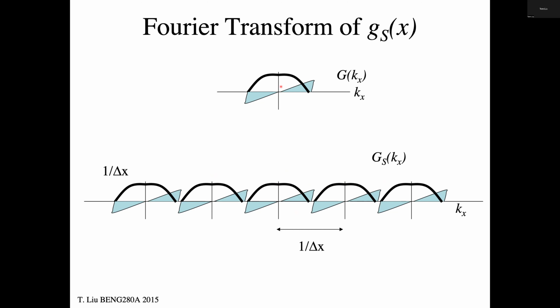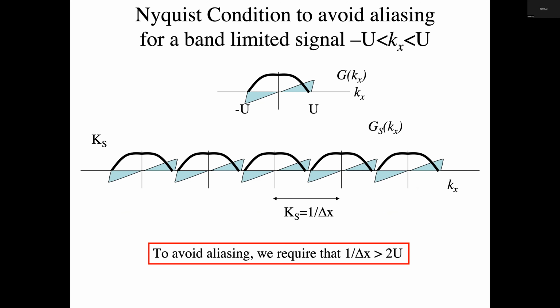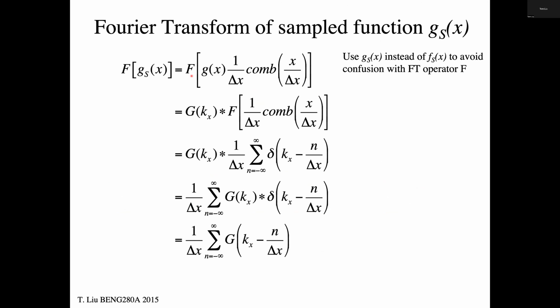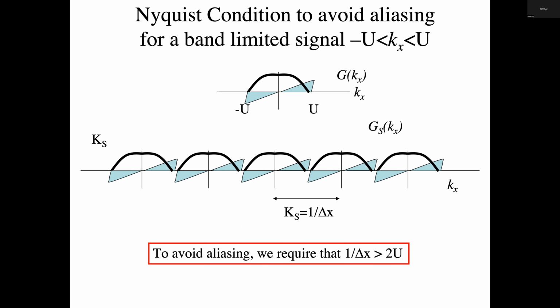So if we sample fast enough, let me see. If our original function that we sampled, this guy here, right? If we sample with high enough frequency to sample all of the spatial frequencies that are in that function, then it will be what's called band limited.